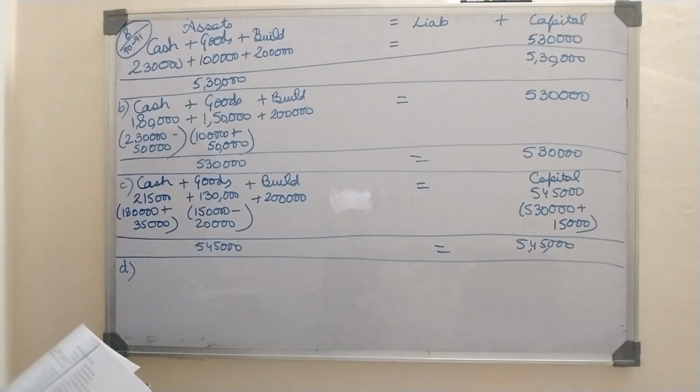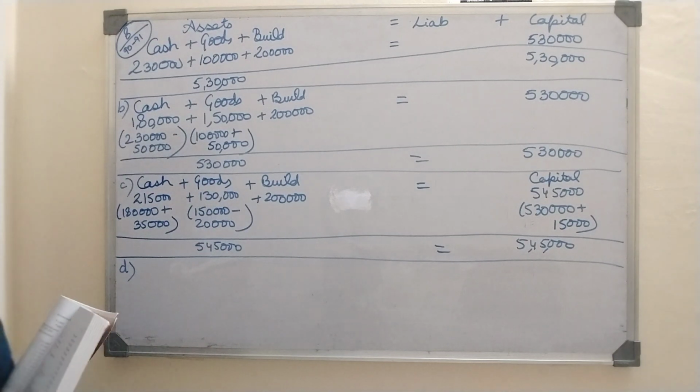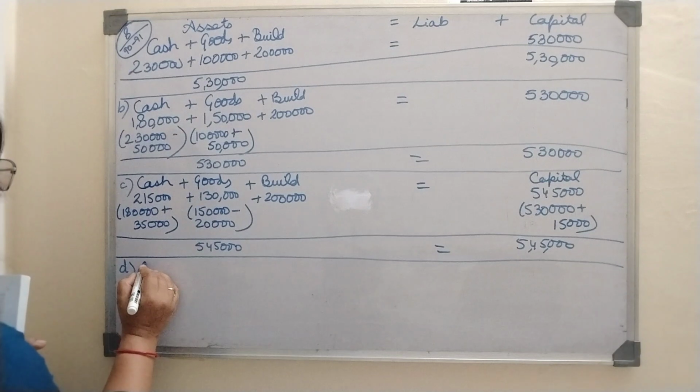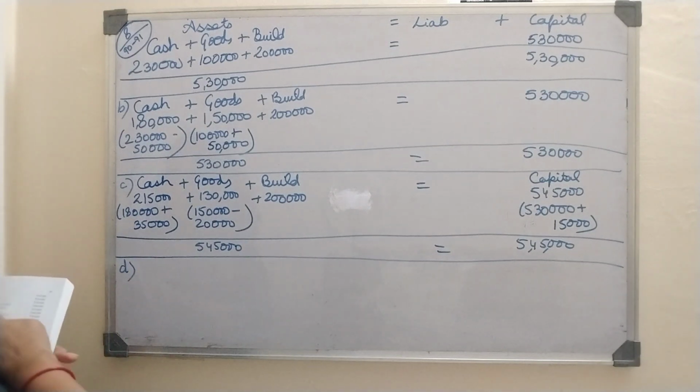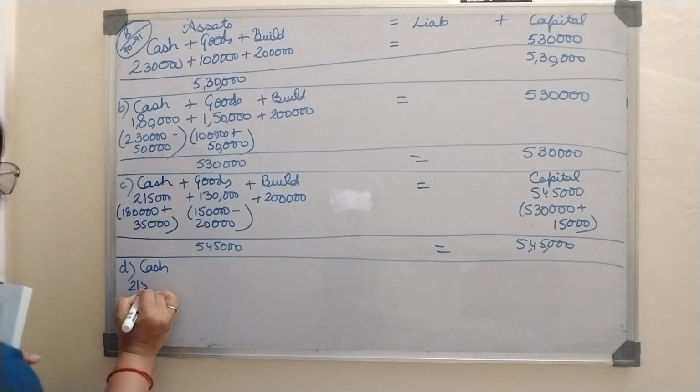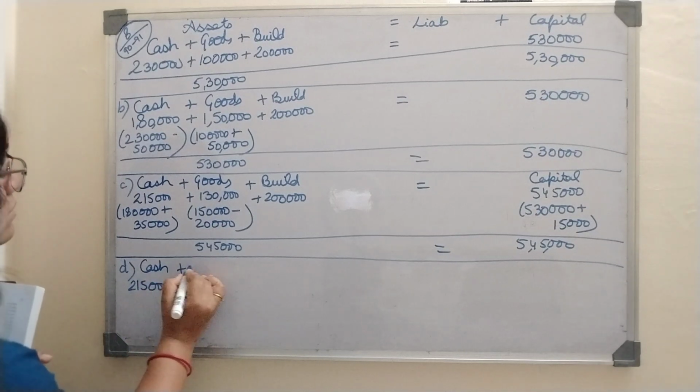The next part says he purchased goods from Rahul for 55,000. Whenever goods are purchased from a named person, it means we have purchased on credit. Rahul's name is given, so Rahul is our creditor. So we will add one more item. We have purchased goods, so cash is not affected. Cash will remain 2,15,000.